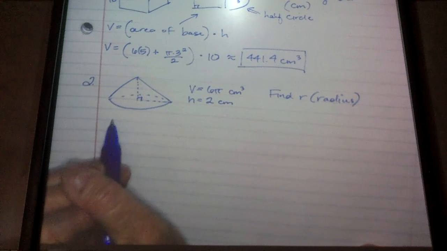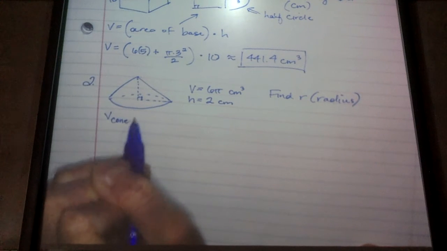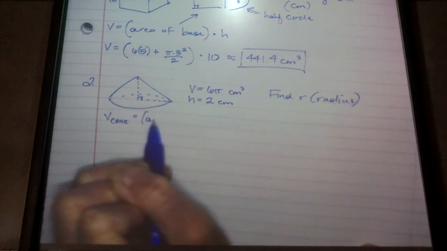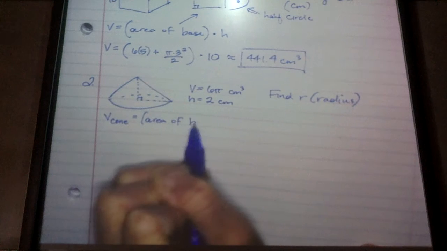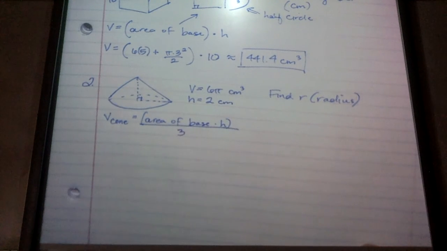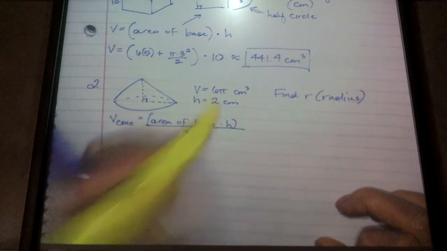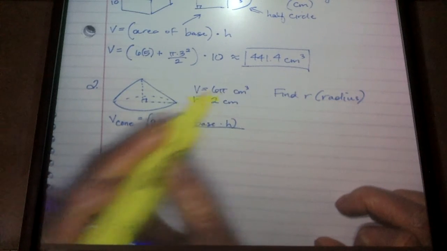I know that the volume of a cone equals the area of my base times my height divided by 3. And so I'm going to fill in the information they've given me. I have height is 2, volume is 6 pi.